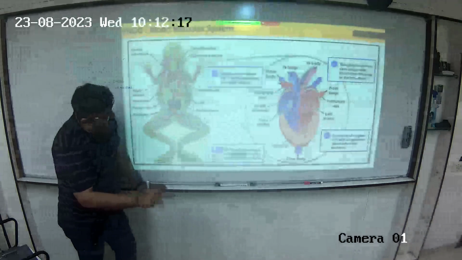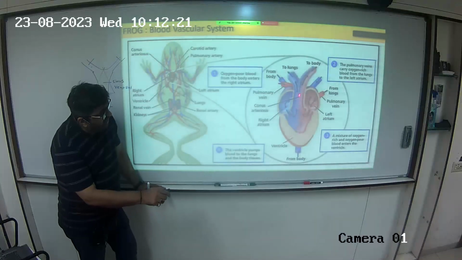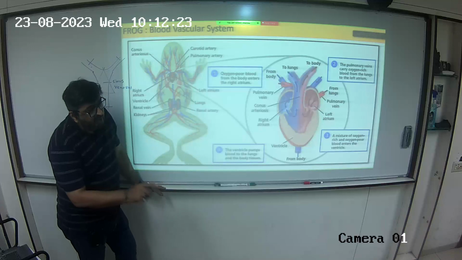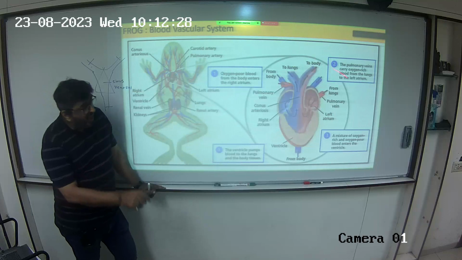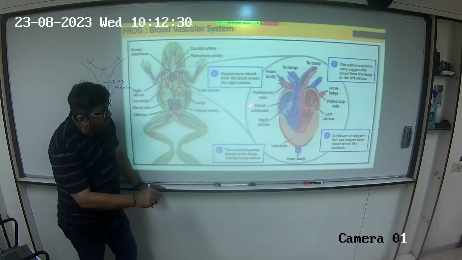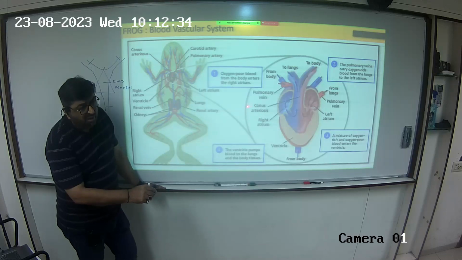So अब now this mixed blood will start its journey up. Humans में क्या होता है? Left ventricle से aorta निकलता है. But यहाँ पर जो structure निकल रहा है, that is called as conus arteriosus. It's not an aorta.